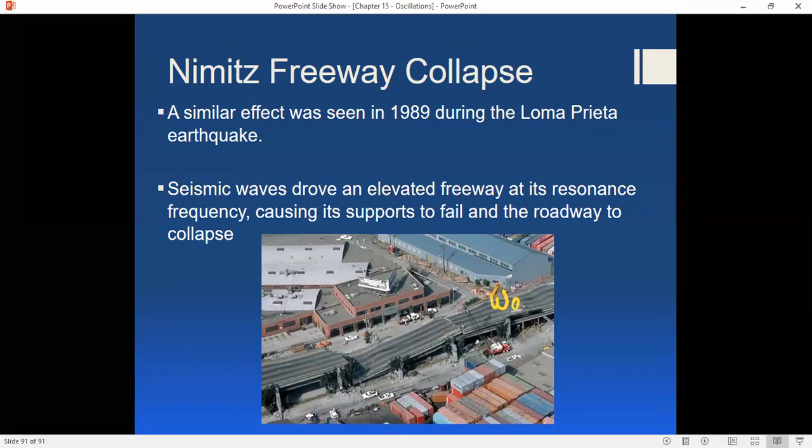And as the earthquake shook the roadway back and forth, the columns were under more and more stress. And eventually, even though they were reinforced concrete, the frequency of the earthquake being very closely matched to the natural frequency of these elevated freeways led to disaster. And people were lost as the top level collapsed on the bottom level.